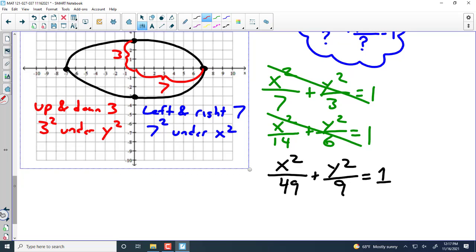You just need to know left and right helps you find the number under x squared, and up and down helps you find the number under y squared. But no, don't double. Square them. And that's how you figure out which number goes in which place.